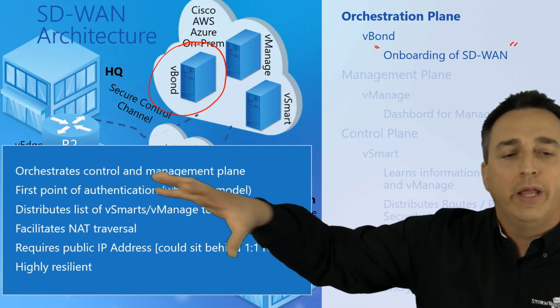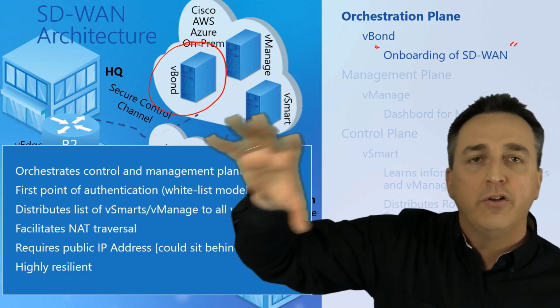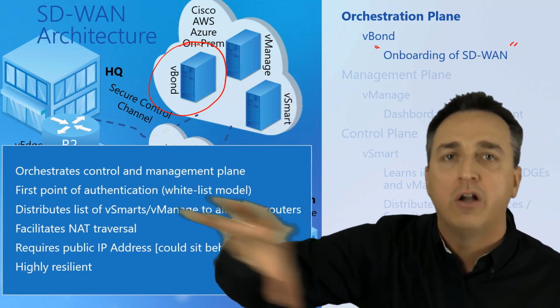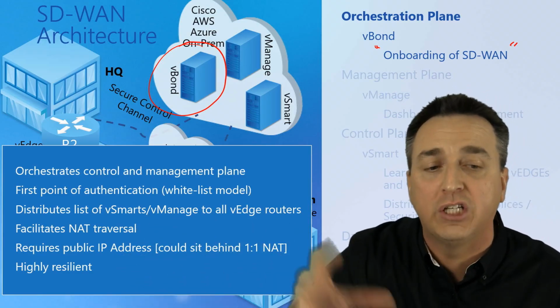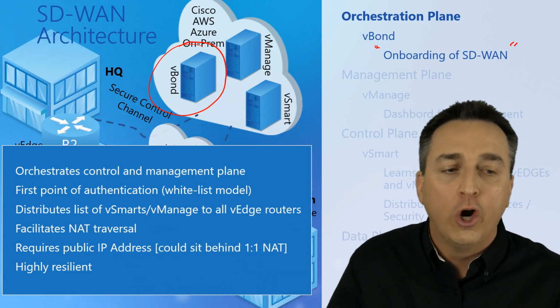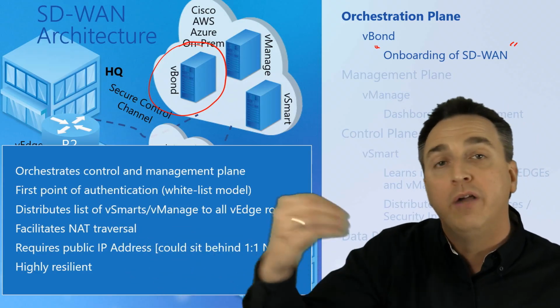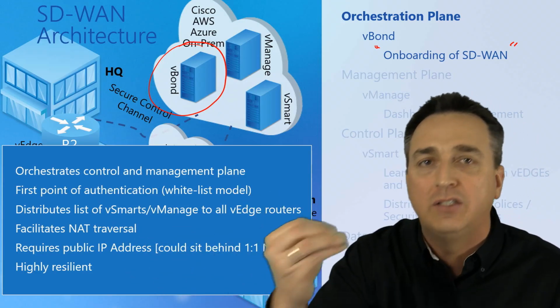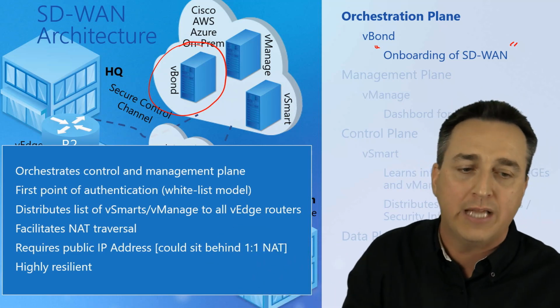Orchestrates the control and management plane. So it's about onboarding all of the other devices, vManage, vSmart, and edge devices, whether they're virtual edge devices or physical edge devices. Orchestrate them, onboard them. It is the first point of authentication as well. Are these devices and services actually allowed to be part of this SD-WAN architecture?